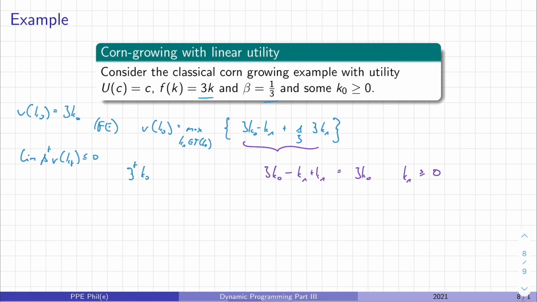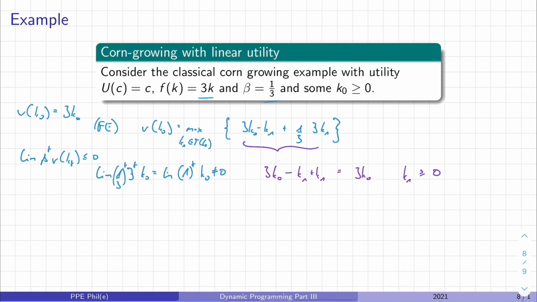So the limit of 1 over 3 to the power of t times 3 to the power of t k naught, which is certainly not 0 for k naught unequal to 0. And so the sufficient condition doesn't hold.